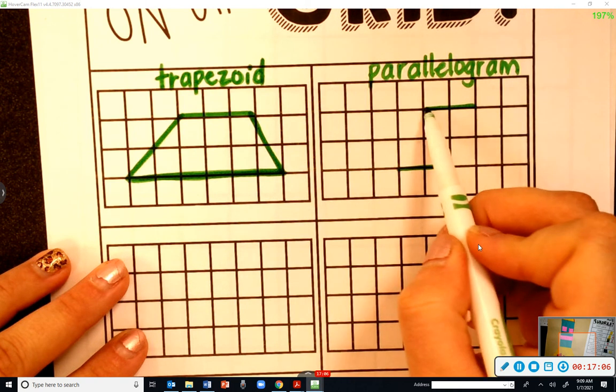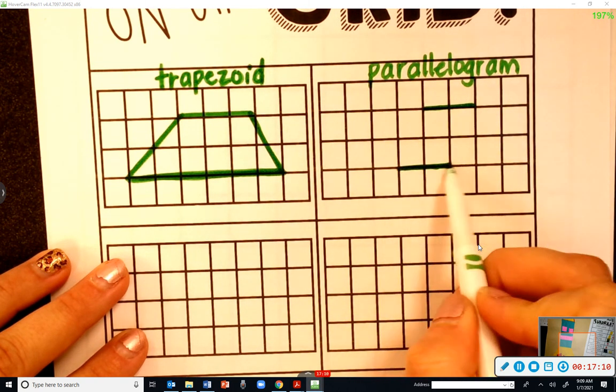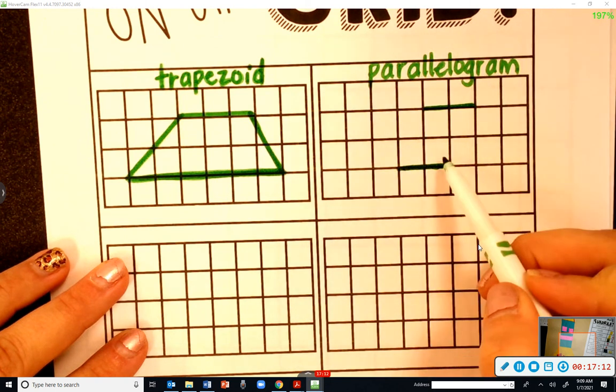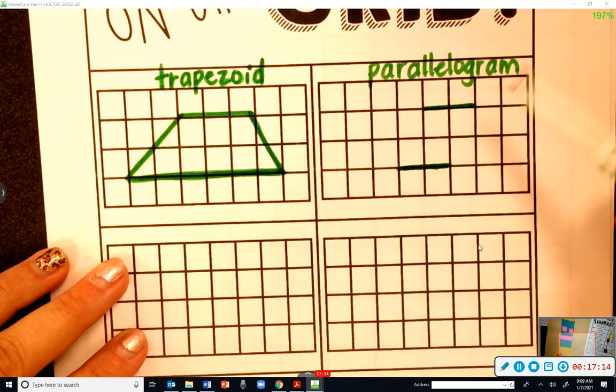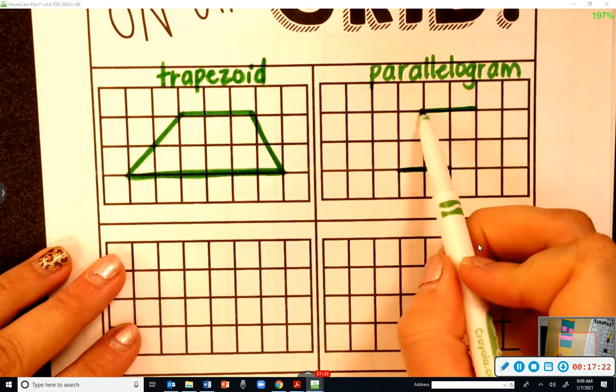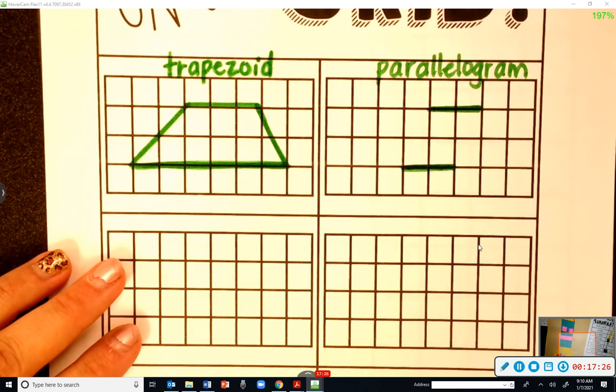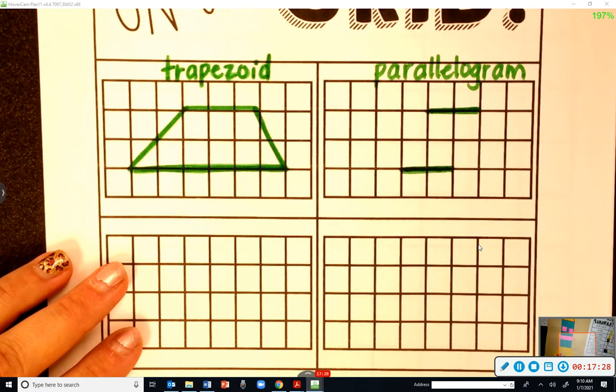So I just went over 2 squares and came down and went over 2 squares for the bottom. And I scooched it over a little bit because I want it to be slanted when I connect those. These have to be equal. Otherwise, your sides won't end up being parallel.